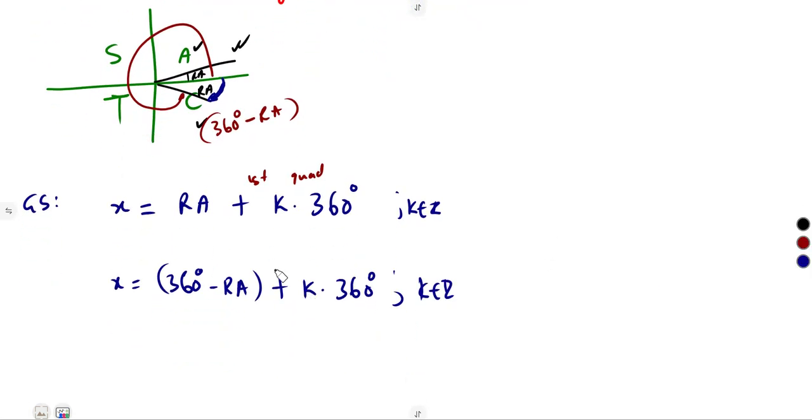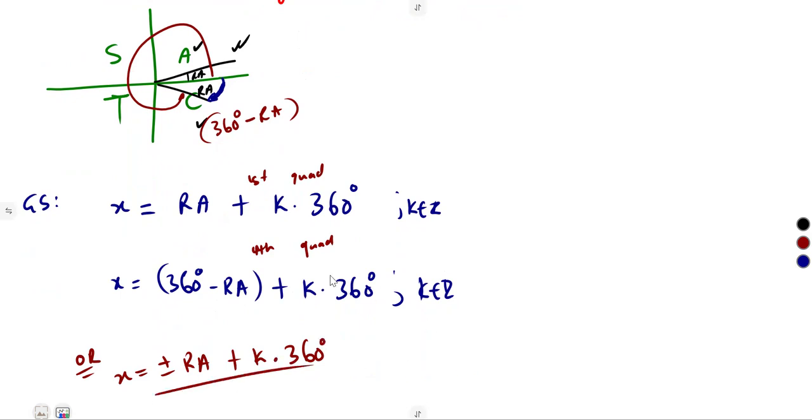Let me just write it here. This is for the fourth quadrant. So you end up having x equal to plus or minus the reference angle, plus k times 360. It's one and the same. Remember, guys, we talked about how we take positive angles and how we take negative angles.